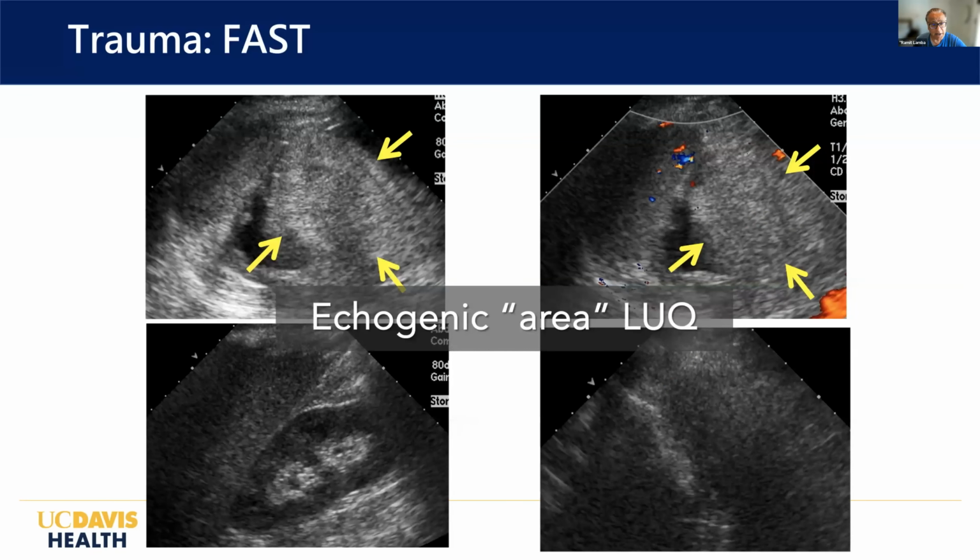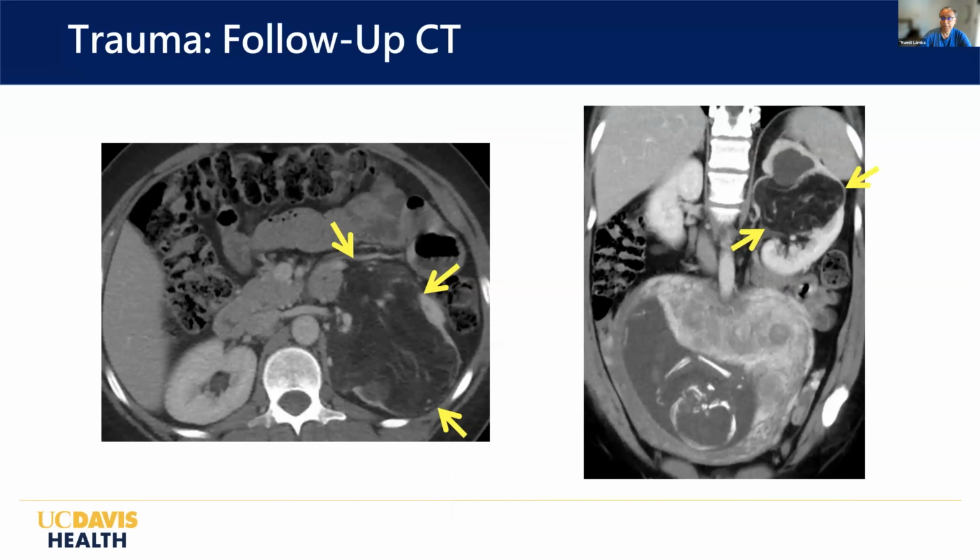The patient was clinically and hemodynamically stable, and the mechanism of injury was not significant, but based on this finding, the patient went to CT. Lo and behold, a massive AML in the kidney, and there's no trauma in this patient. That appears echogenic on ultrasound, and that was the echogenic area being seen. So, a very interesting case.